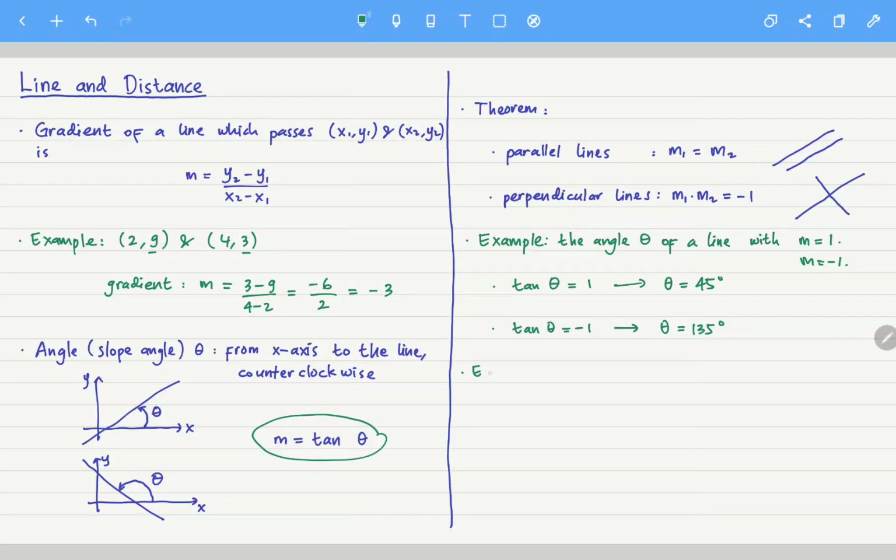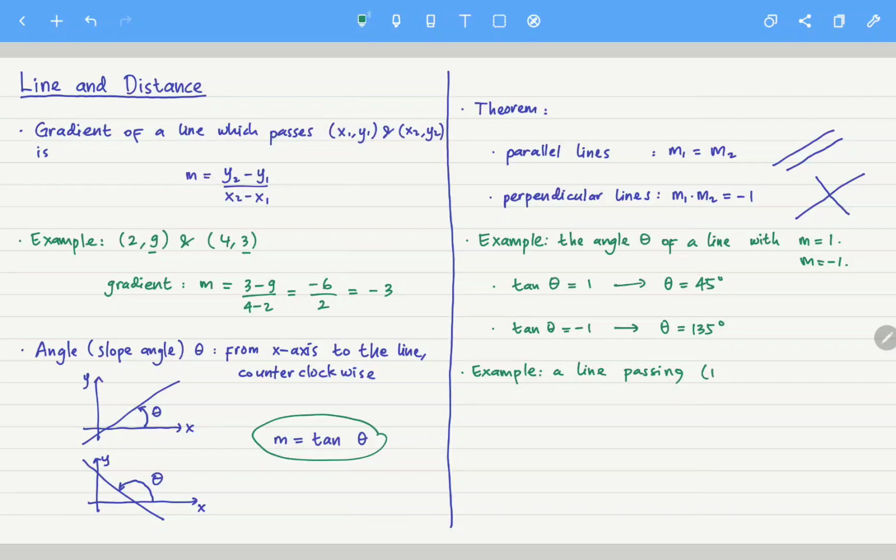So another example is, let's say we want to check whether two lines are parallel or perpendicular. So let's say the first line is passing 2 points.